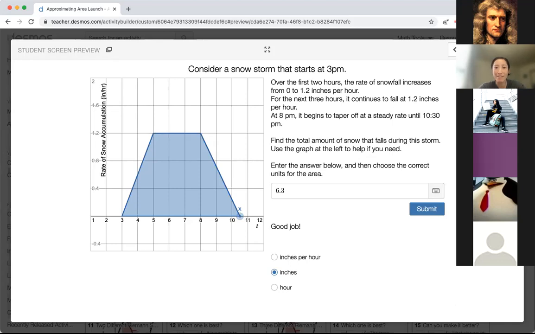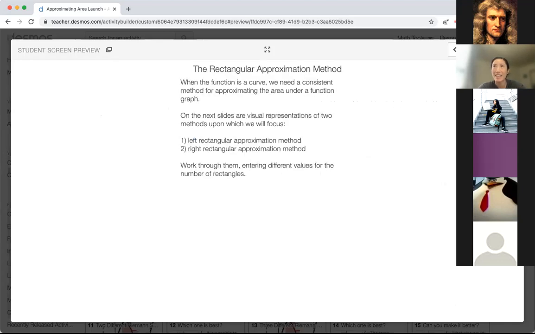Take a look at slide 5. So the rectangular approximation method, sometimes abbreviated RAM.